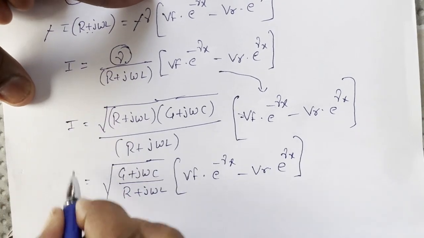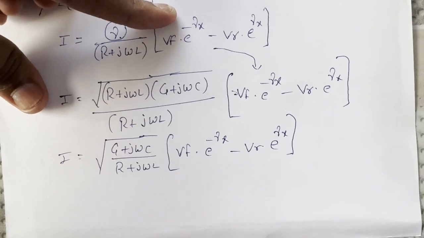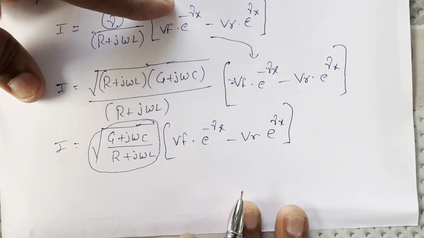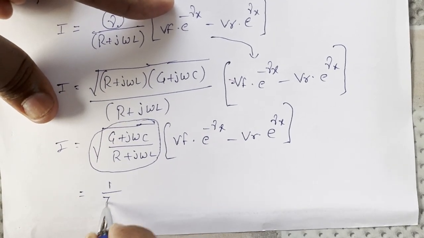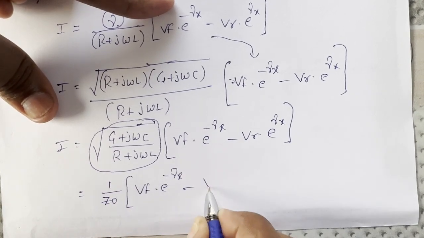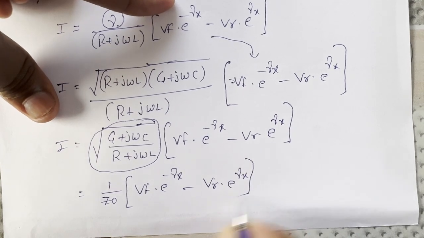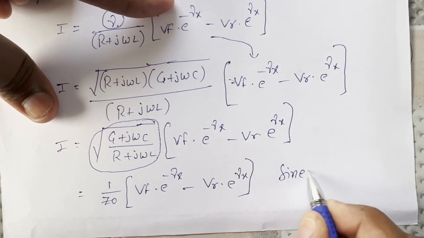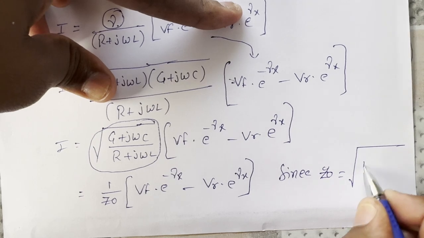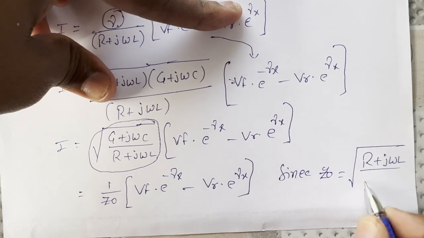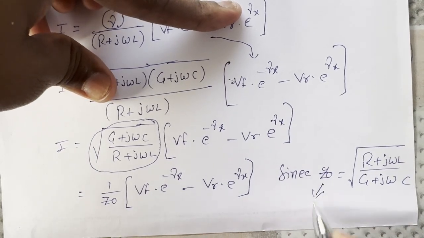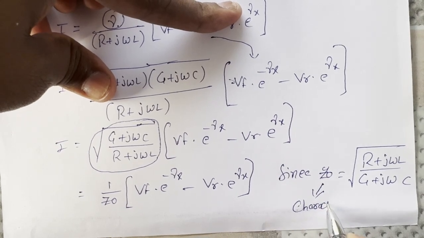There, I equal to, and finally I am writing this as 1 by Z0, that is equal to 1 by Z0 into Vf into e power minus gamma x minus Vr into e power gamma x, since Z0 equal to square root of (R plus j omega L) by (G plus j omega C). Here Z0 is called the characteristic impedance.